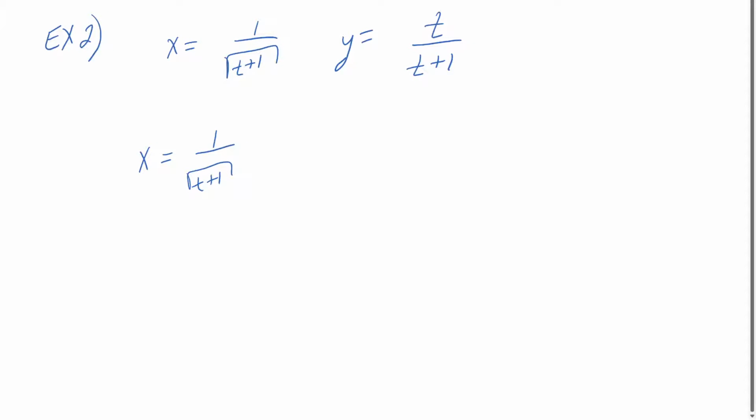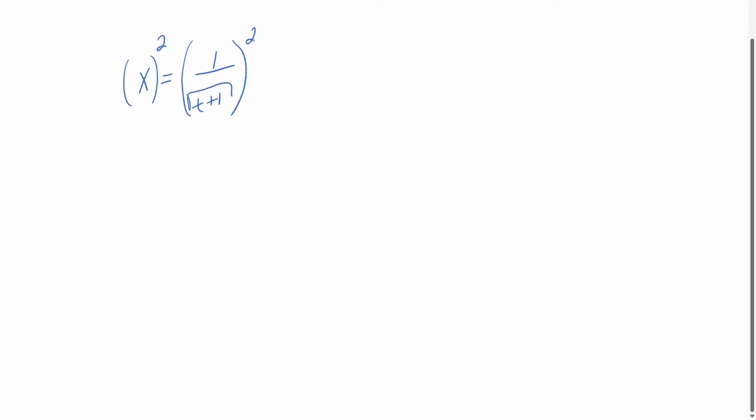If I want to get to the t, I'll need to get rid of that square root first of all. One thing we can do to get rid of the square root is square it. So in this case, I'd have to square both sides of the equation to get x squared equals 1 squared, which is 1, over the square root of t plus 1 times the square root of t plus 1, which will just be t plus 1.